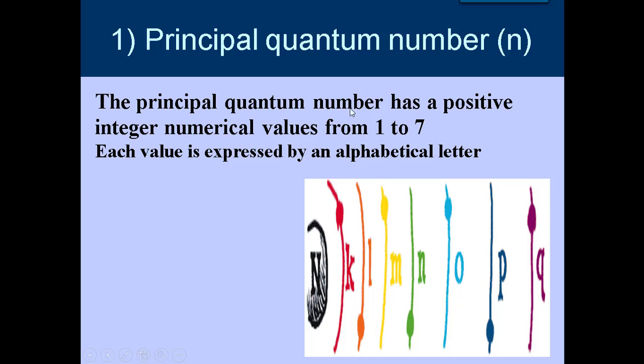The principal quantum number has positive integer values from 1 to 7, as we mentioned in the previous slide. Each value is expressed by an alphabetical letter.